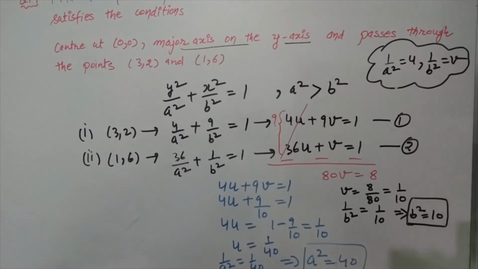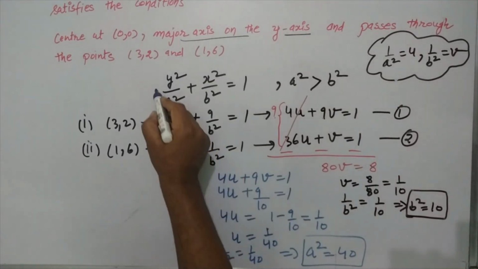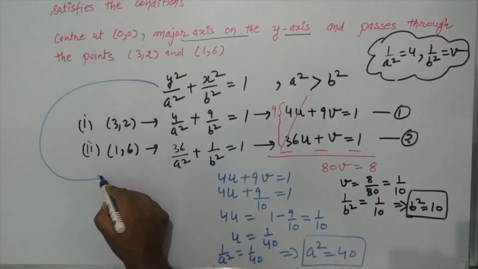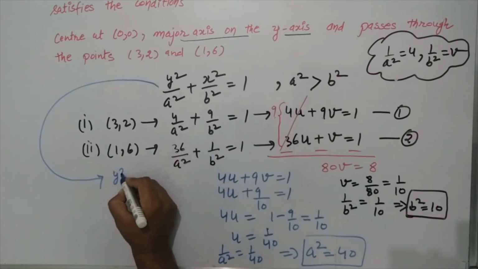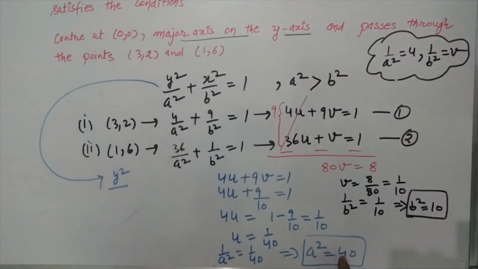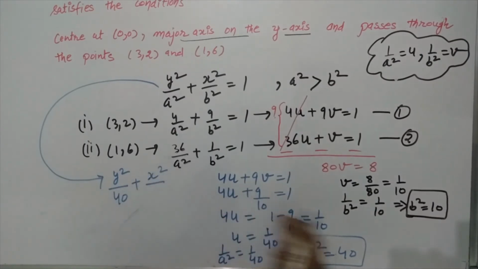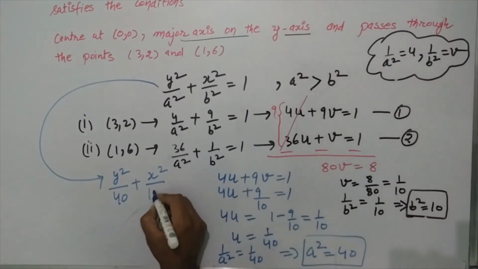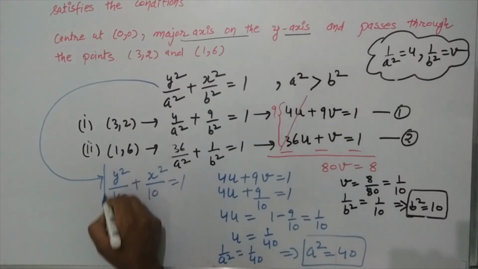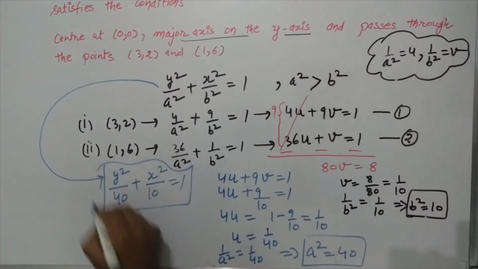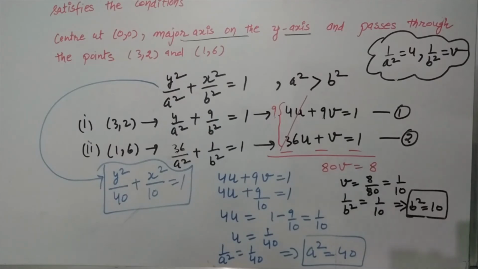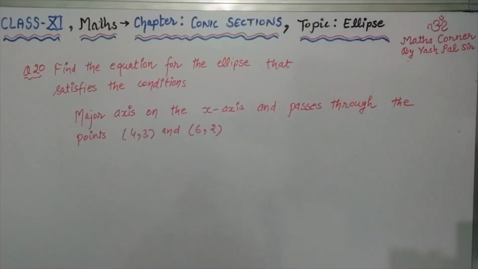Now very easily we can substitute these two values in the equation here. This becomes y square upon a square, a square is 40, plus x square upon b square, b square is 10, is equal to 1. This is the required equation of the last question of the exercise.